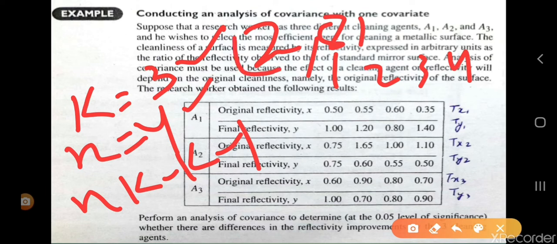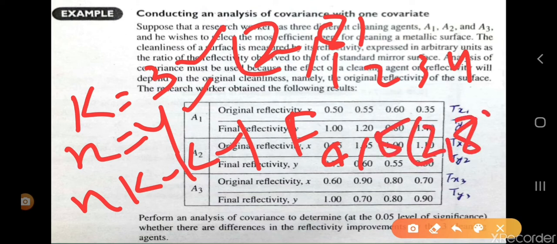So our F critical will be at 0.05 significance level and 2,8 degrees of freedom. So we can directly calculate the F critical value at 0.05 significance level and 2,8 degrees of freedom.